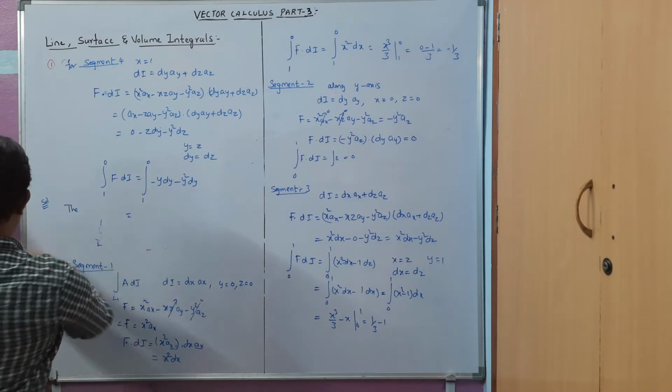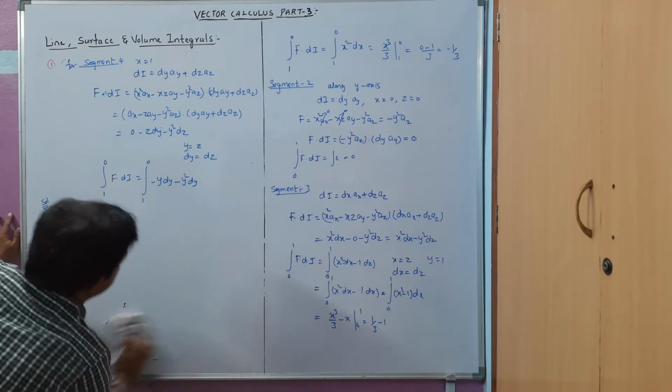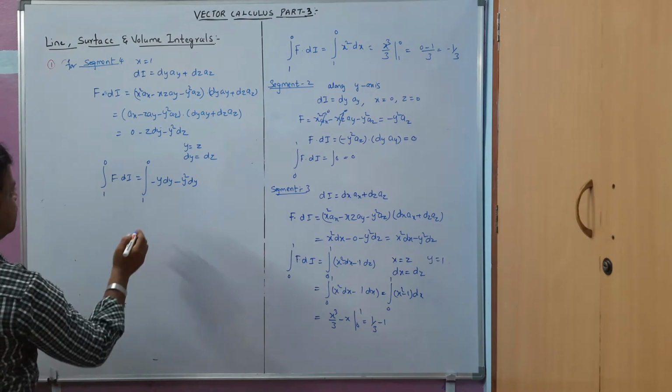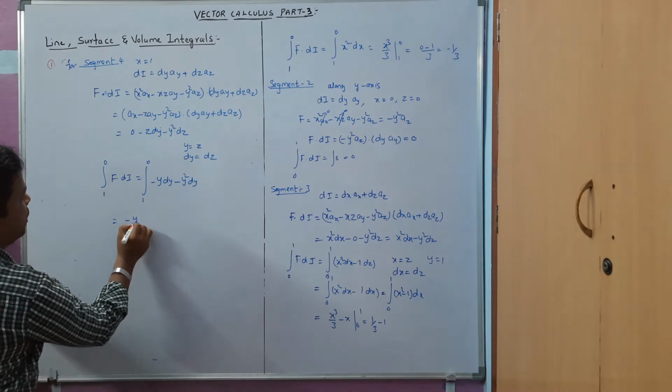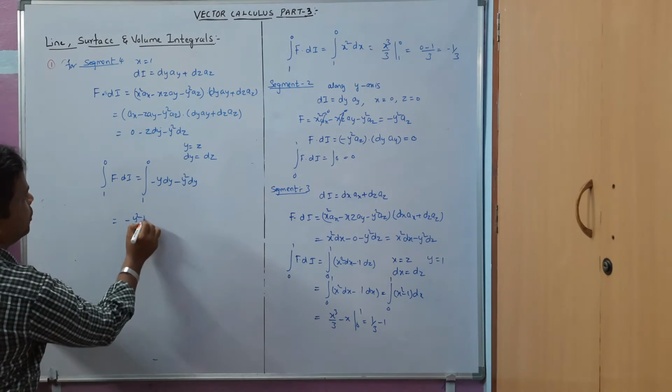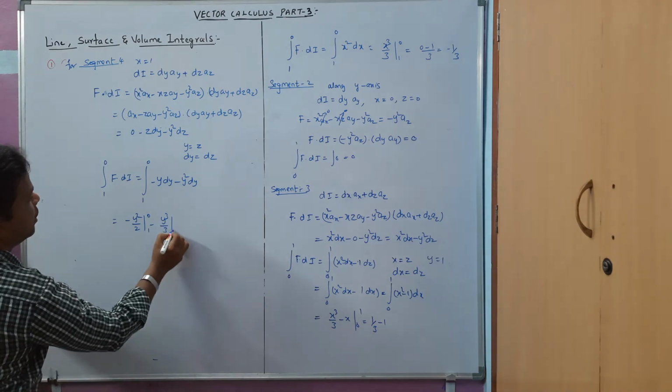So what I get here, this integration will become minus y square by 2 from 1 to 0 minus y cube by 3 from 1 to 0.